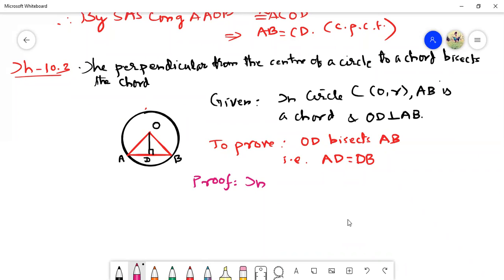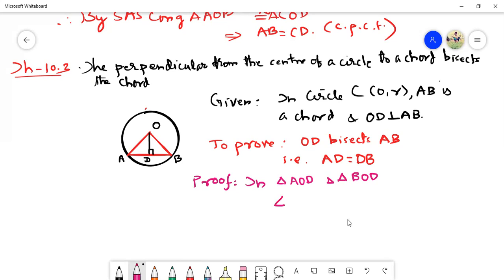So in triangle AOD and triangle BOD, RHS, right angle first.